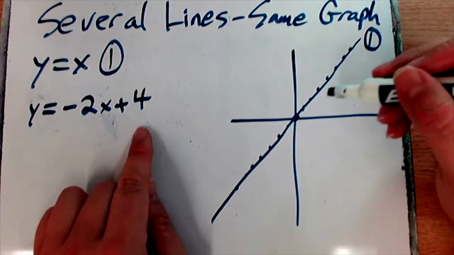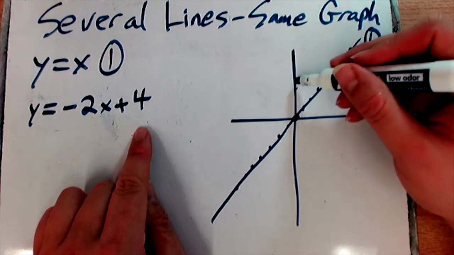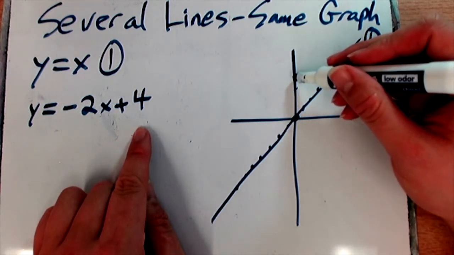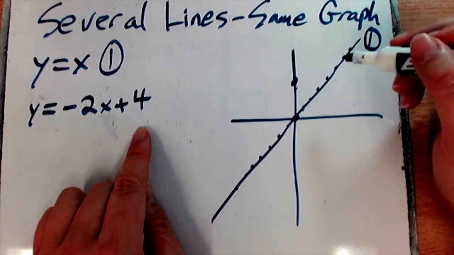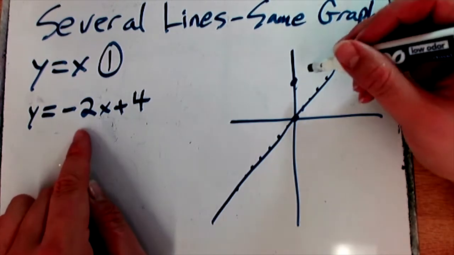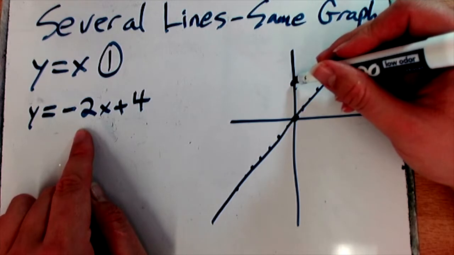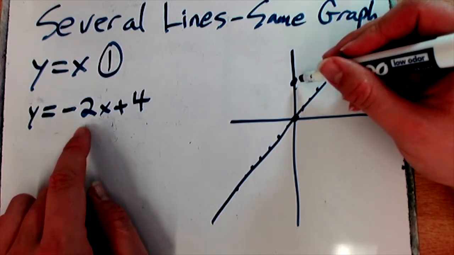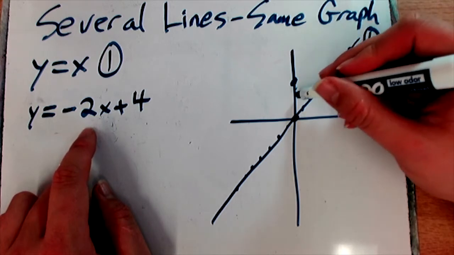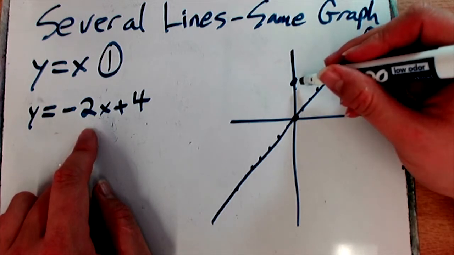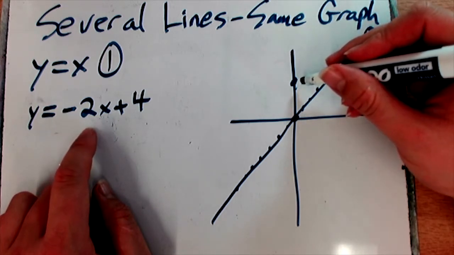So if I graph that, I'm going 1 up, 2 up, 3 up, 4 up. But then, so that's where the intercept is. And then I'm going down 2. So I'm going to go 1, rise over run. So it's going to go up 2 and over 1.